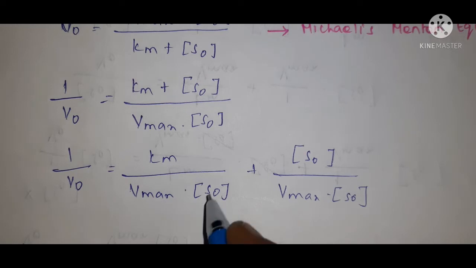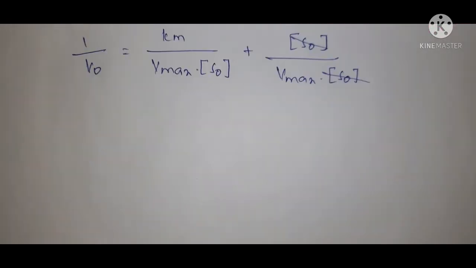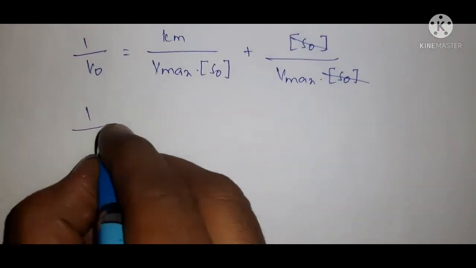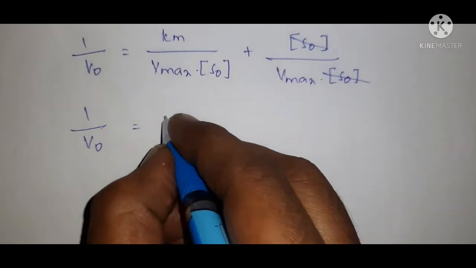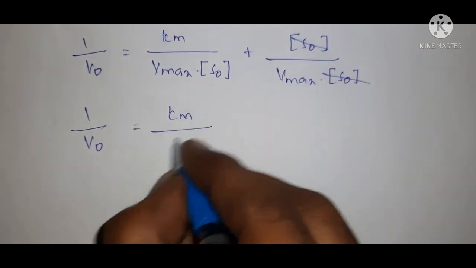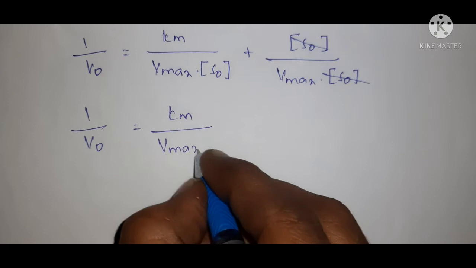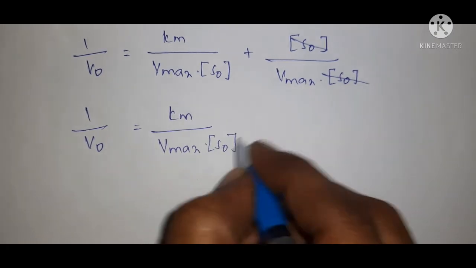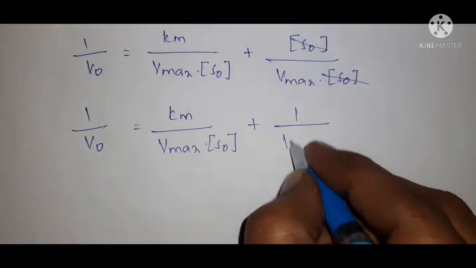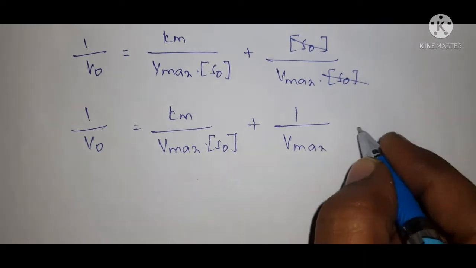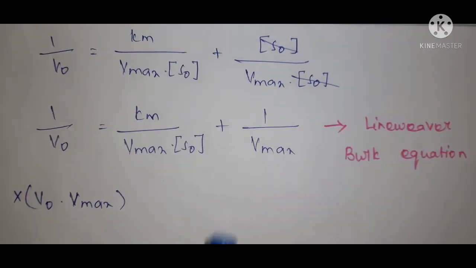So you just cancel it out, and you get 1 by V naught is equal to Km divided by V max into S naught plus 1 by V max. This equation is known as the Lineweaver-Burk equation.